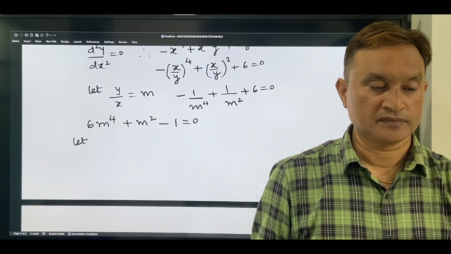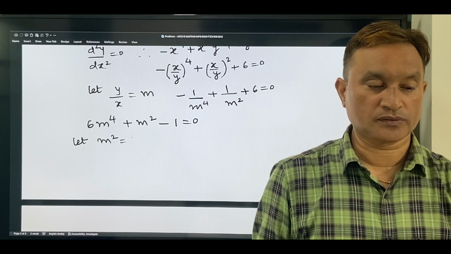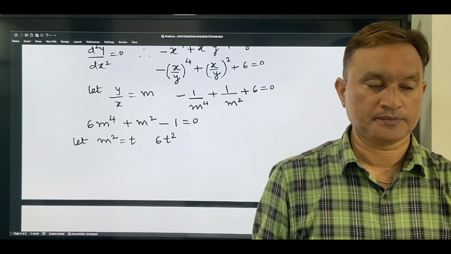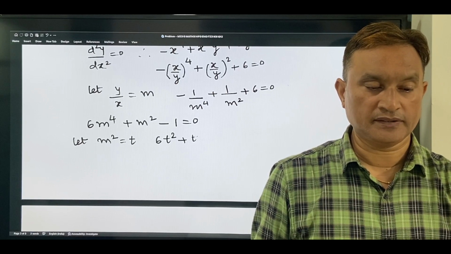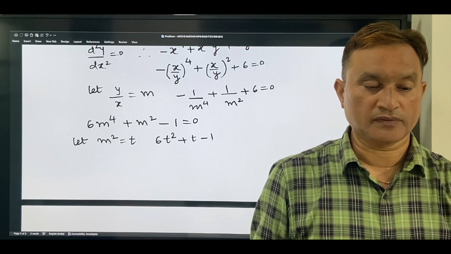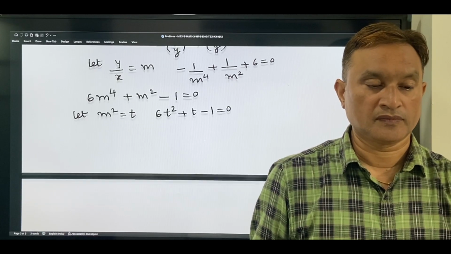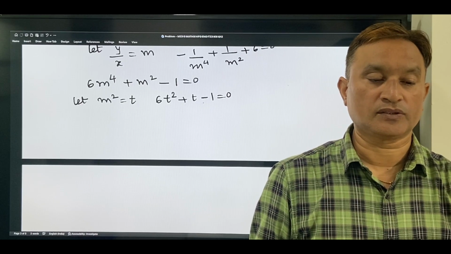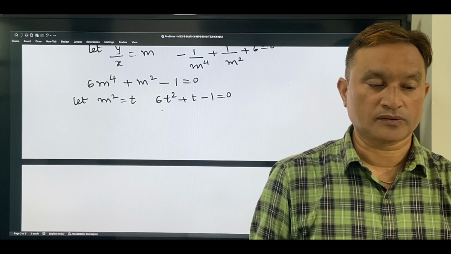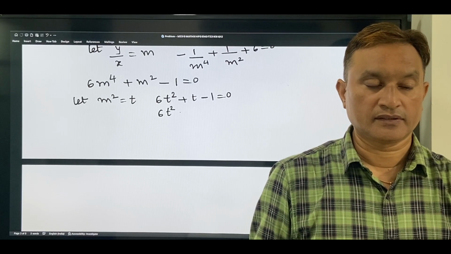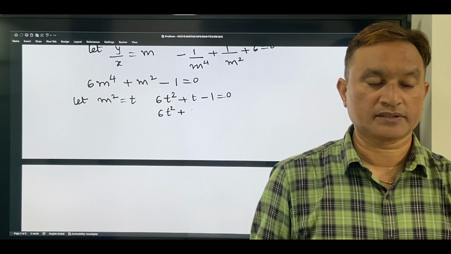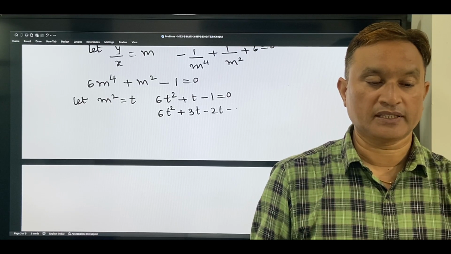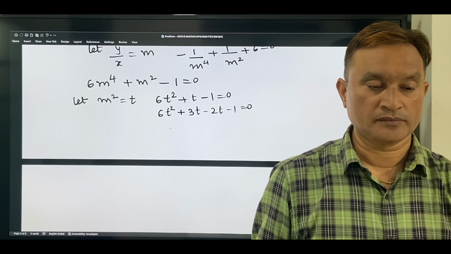Let m square equals to say t. So you can write 6t square plus t minus 1 equal to 0. So we can find here the factor of 6 into 1, 6. So 6t square plus 3t minus 2t minus 1 equal to 0.